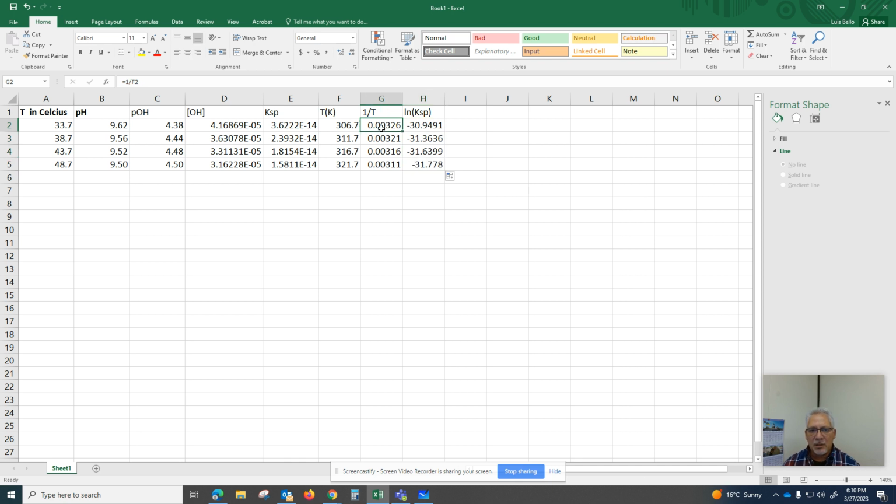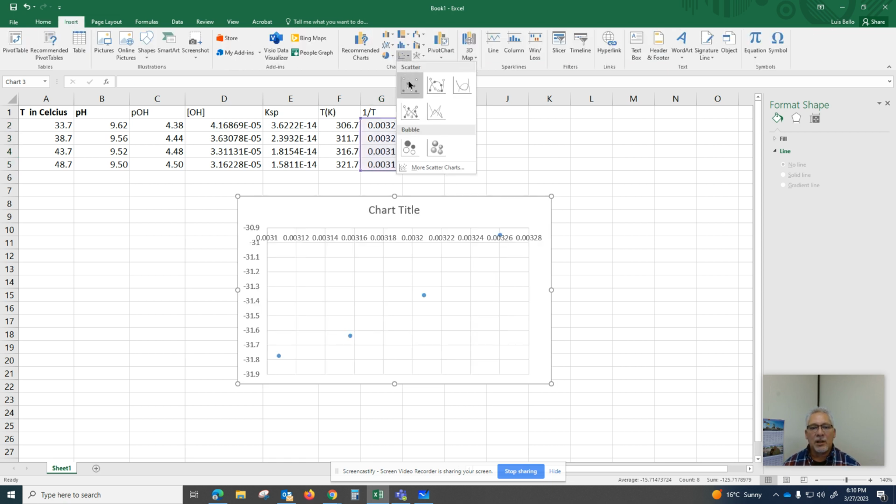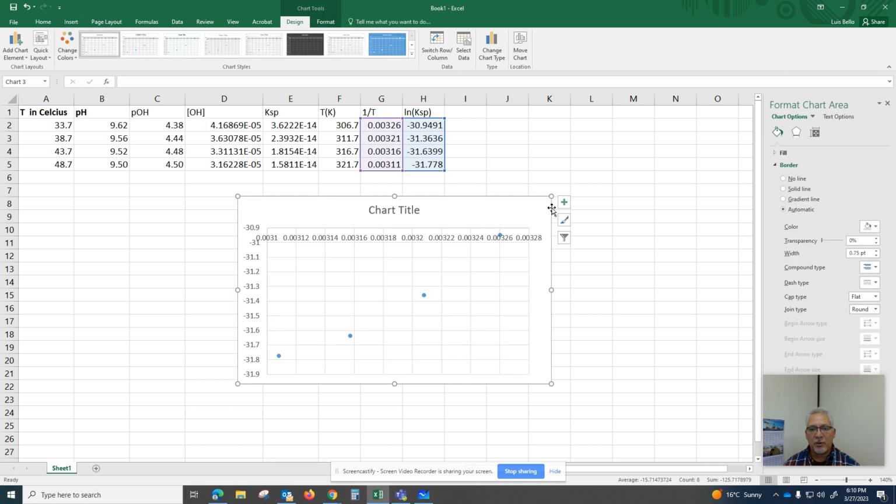Next thing is graphing, finding the trend line. For that I need to insert. I will select the scatter one, this one here, and those are my points.